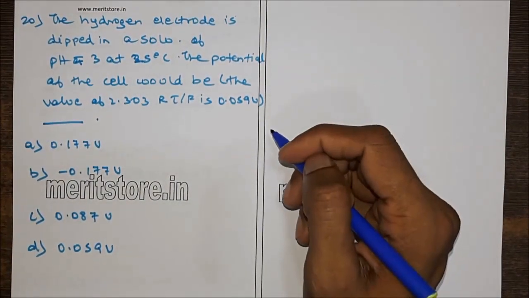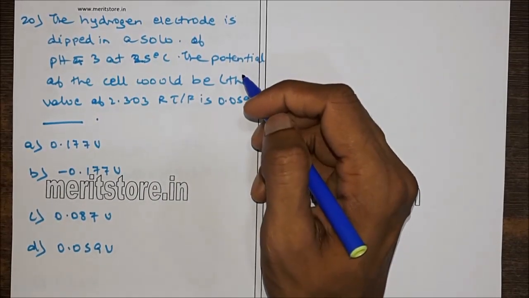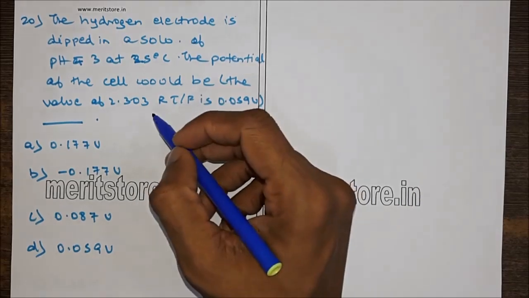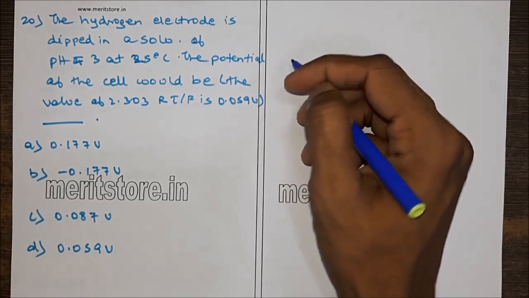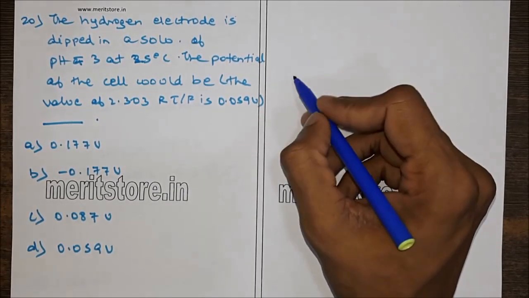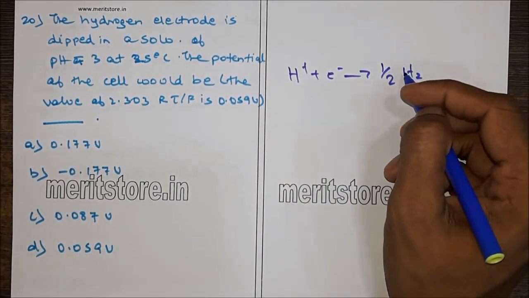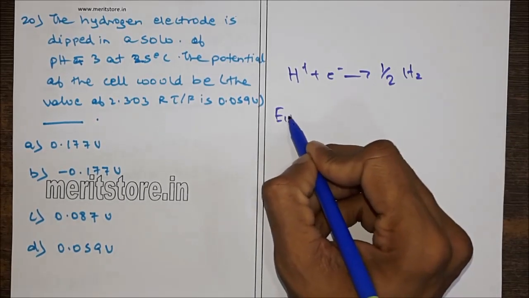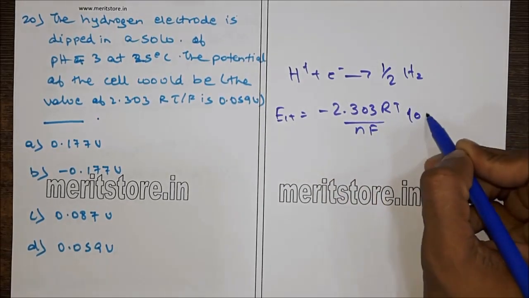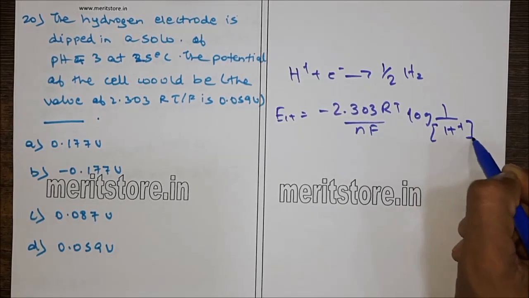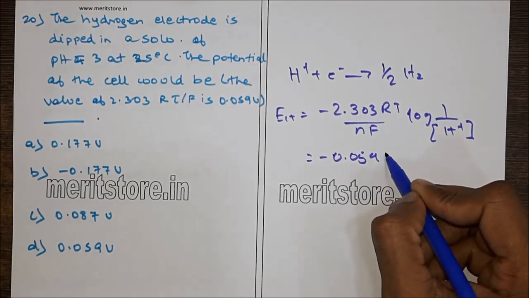Question 20. The hydrogen electrode is dipped in a solution of pH equal to 3 at 25 degrees Celsius. The potential of the cell, taking the value of 2.303 RT/F as 0.059 volt. We are given 4 options. For H⁺, we need 1 electron, which gives us half of H2. Writing the reduction potential of the hydrogen electrode, we get E_H equals minus 2.303 RT upon nF log of 1 upon H⁺, which is equal to minus 0.059 into pH.